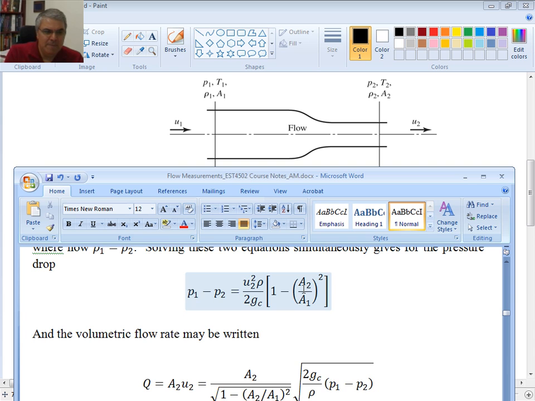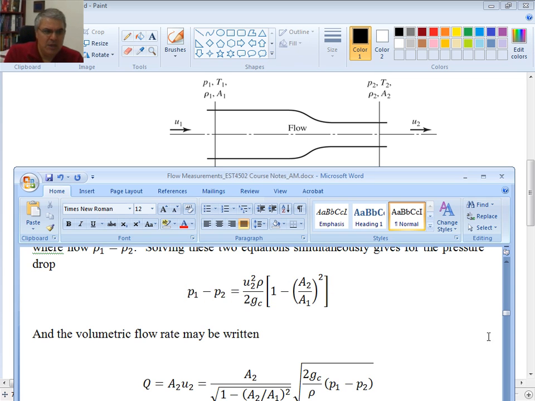We square that, and we are subtracting something less than 1 from 1, and we will see that P1 minus P2 would be a positive number. So this is really what this equation means.